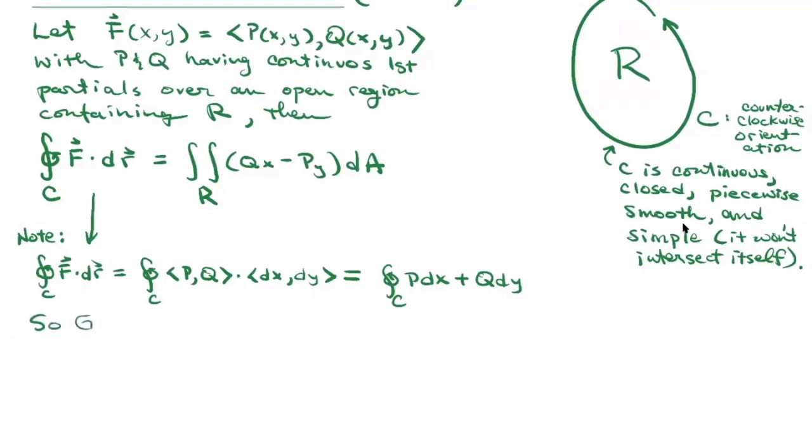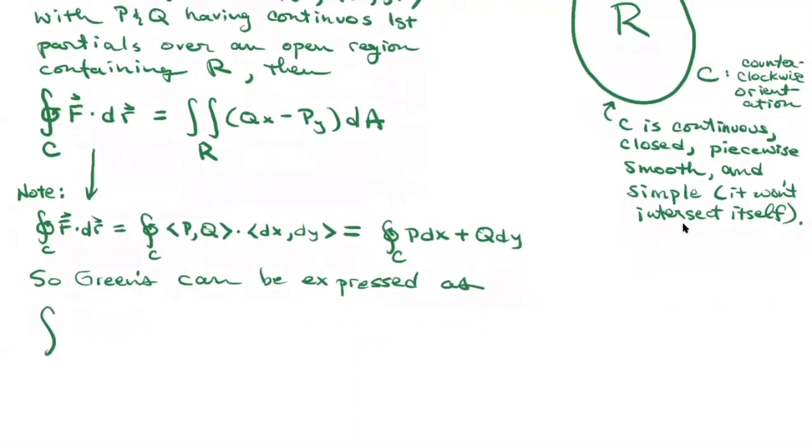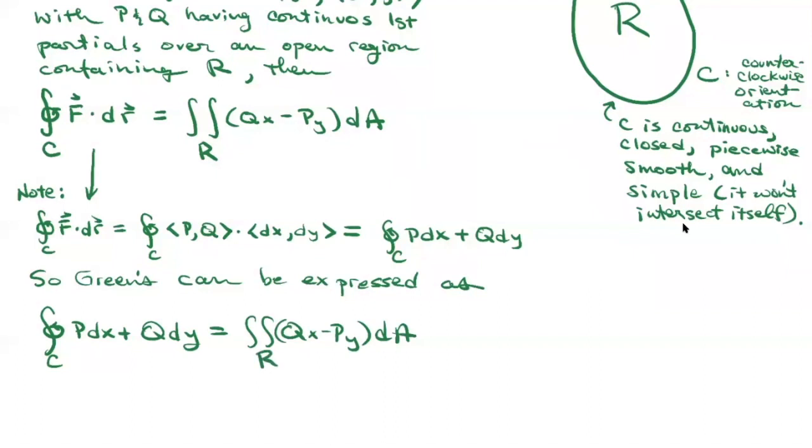So Green's can be expressed as this thing, line integral, counterclockwise orientation, of a closed curve C of P dx plus Q dy equals the double integral of Q_x minus P_y dA, like that.